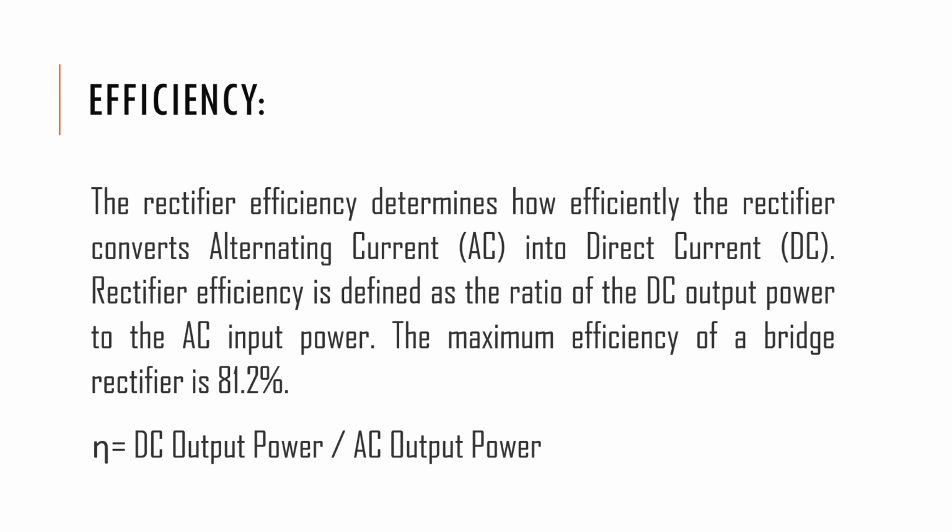The rectifier efficiency determines how efficiently the rectifier converts alternating current into direct current. Rectifier efficiency is mathematically defined as the ratio of DC output power to AC input power, and this is denoted by eta. The maximum efficiency of a bridge rectifier is 81.2%.